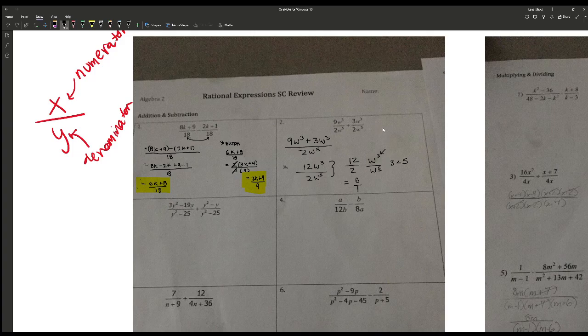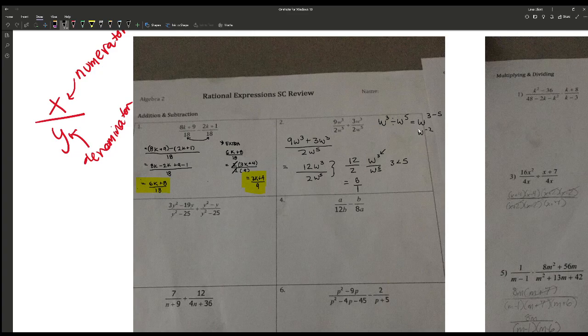So when you're dividing exponents, when you do w cubed divided by w to the 5, it's equal to w to the 3 minus 5. So what you're going to have is w to the negative 2.